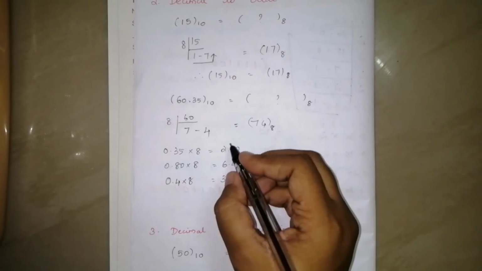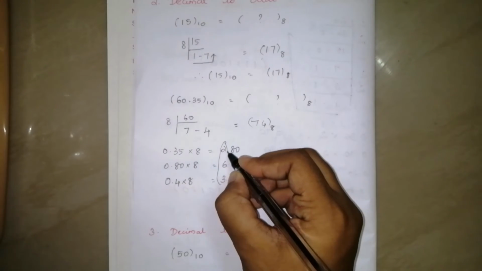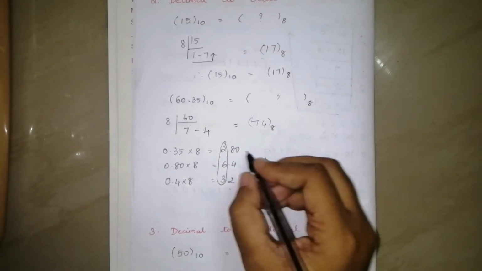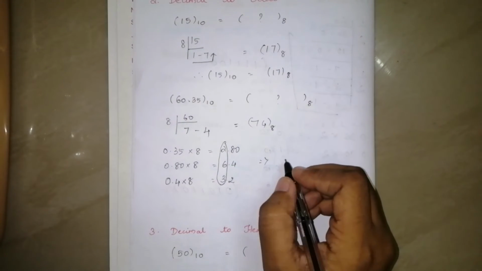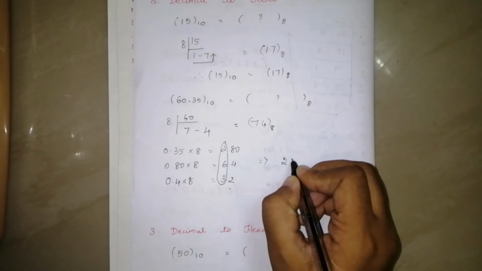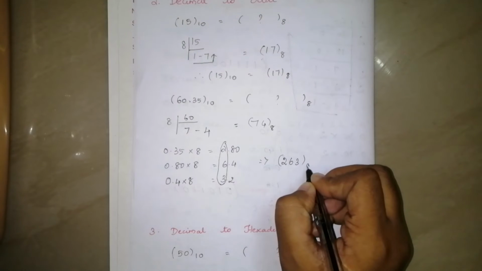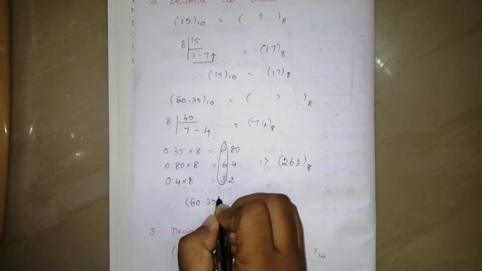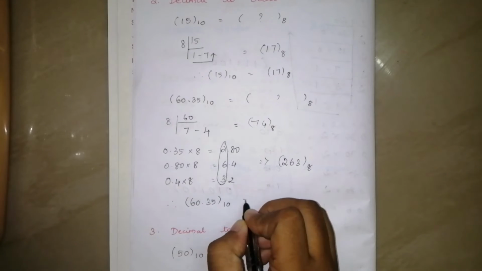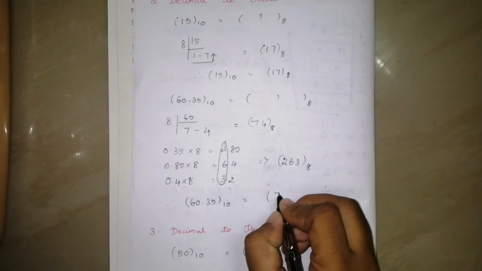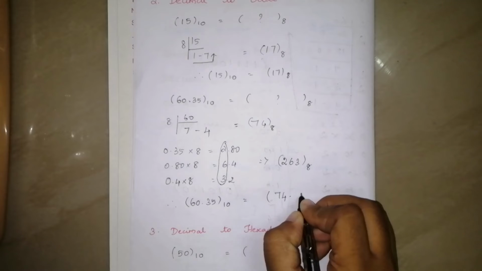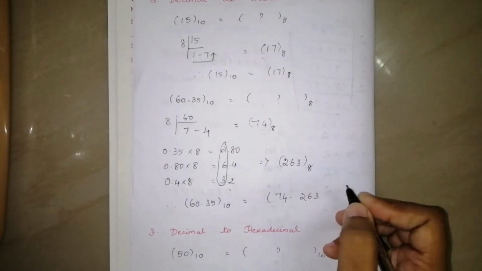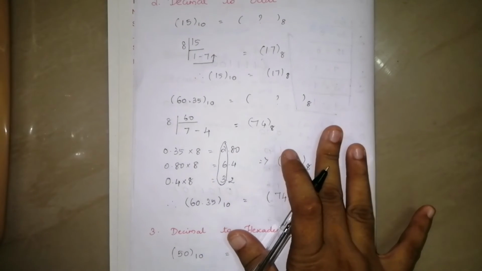So we can write this as the octal equivalent of this decimal number. So we write it as 263 of 8. Therefore, the octal equivalent of 60.35 of base 10 is 74.263, base 8. I think you have understood this.